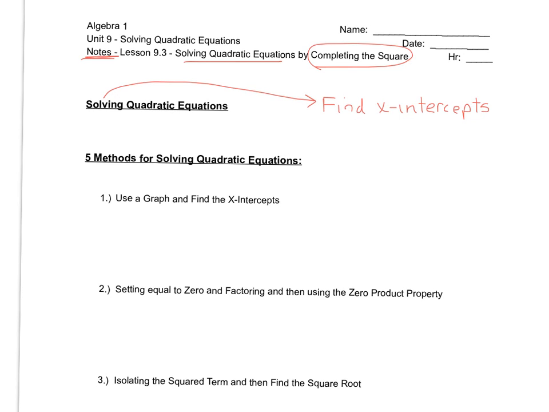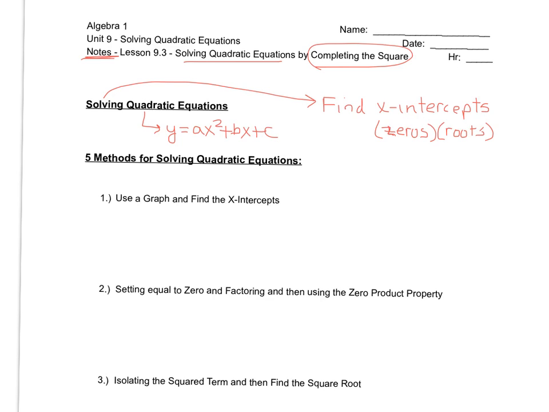And if you remember, x-intercepts are also called zeros, and they're also called roots. So if you see those words, zeros or roots, it just means x-intercepts. And then don't forget that the quadratic equations are of the form y equals ax squared plus bx plus c.